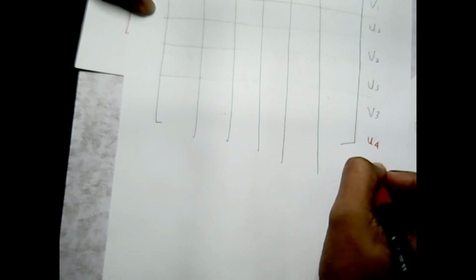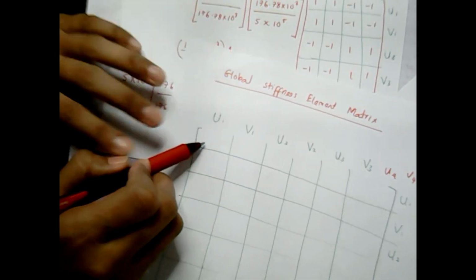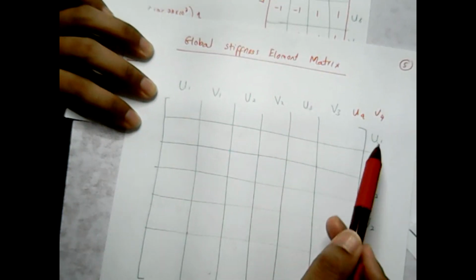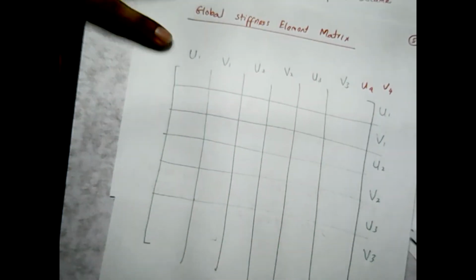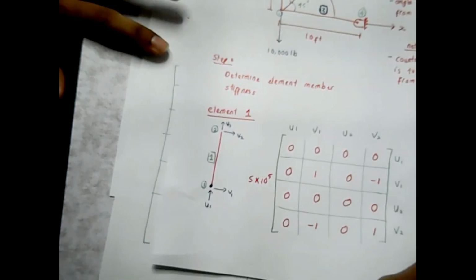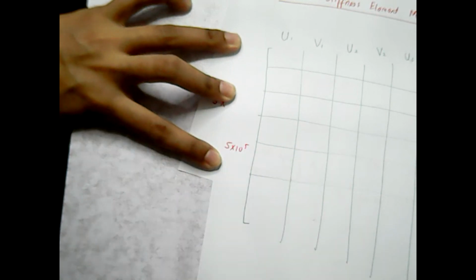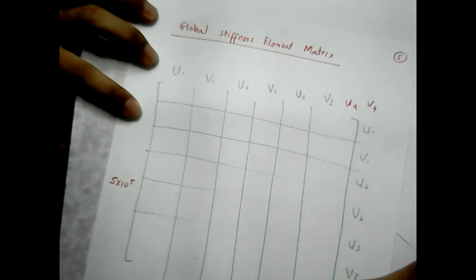Now let's find the element values for u1, u1. Let's look at the first element. Our factor out there is the same, 5 times 10 to the power of 5, so the same factor overall.